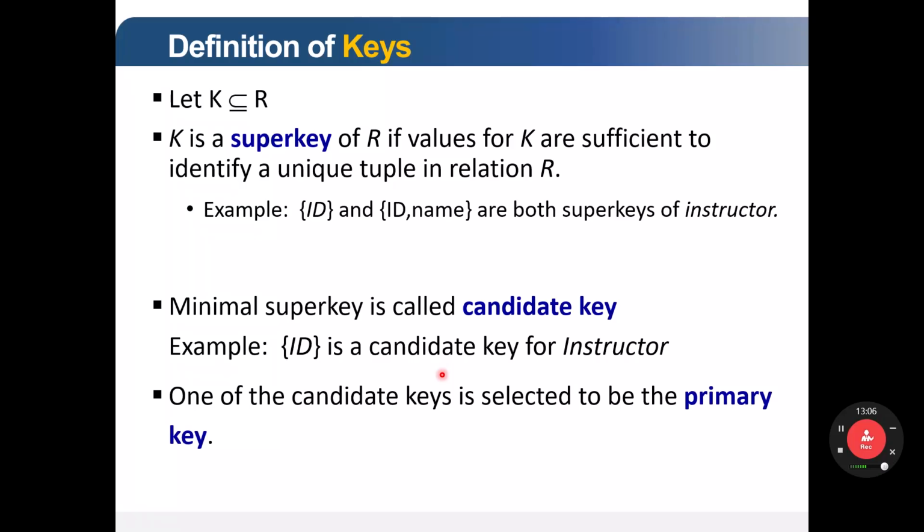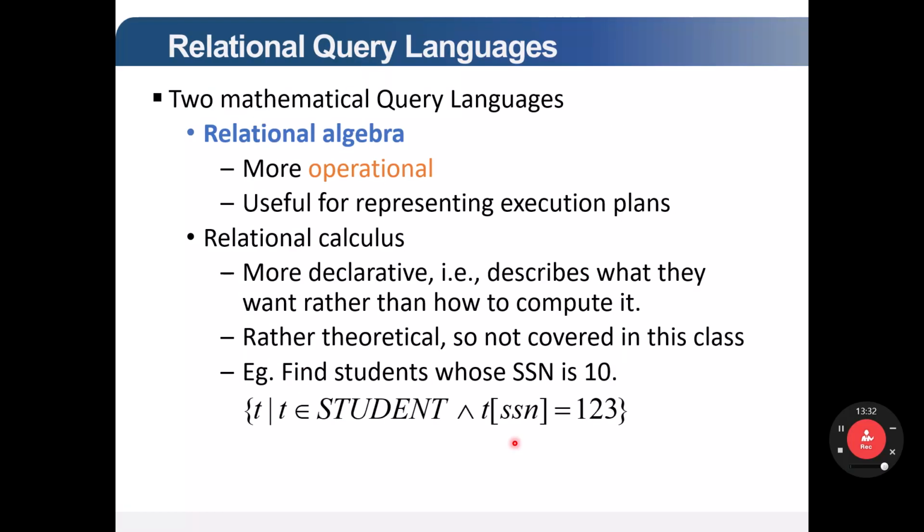So suppose that you selected ID to be used as the key for the table, then we call that ID the primary key. So the primary key is a candidate key selected by a developer. Is this clear? Clear? Can I move on? Okay, good.